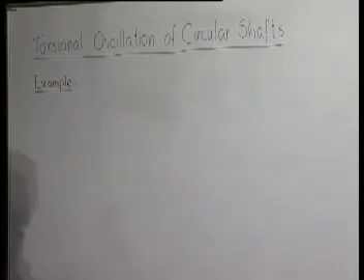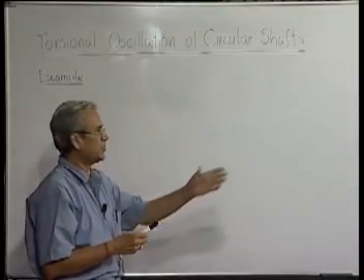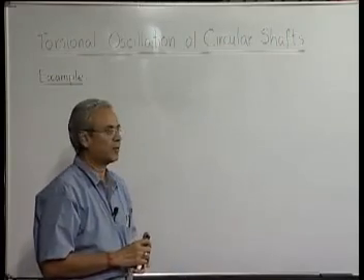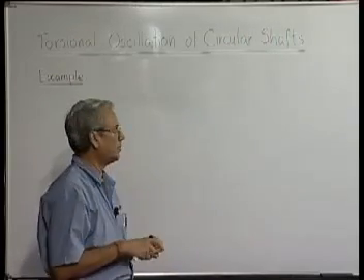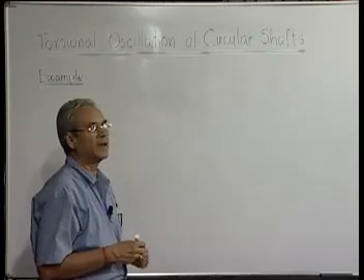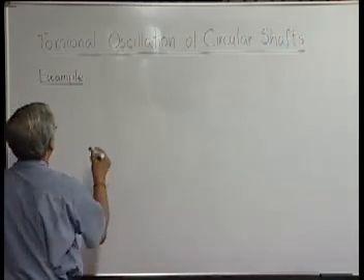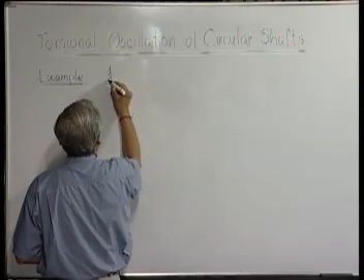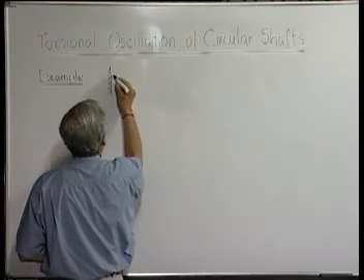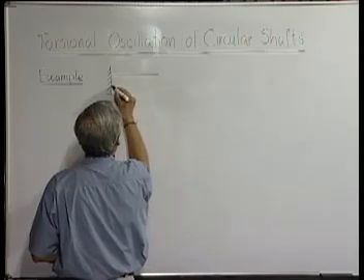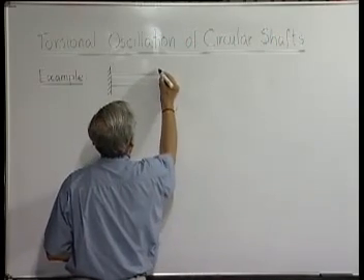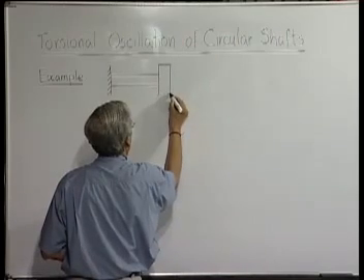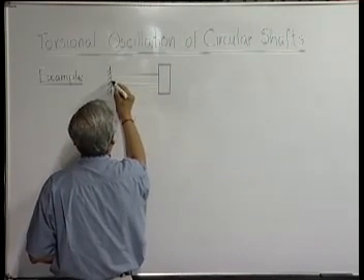So instead of solving the type of problems which are identical in form with the problems we solved for longitudinal oscillation of a bar, let us consider a case where we have to deal with the other kind of problem. That means a shaft carrying a disc at the free end.